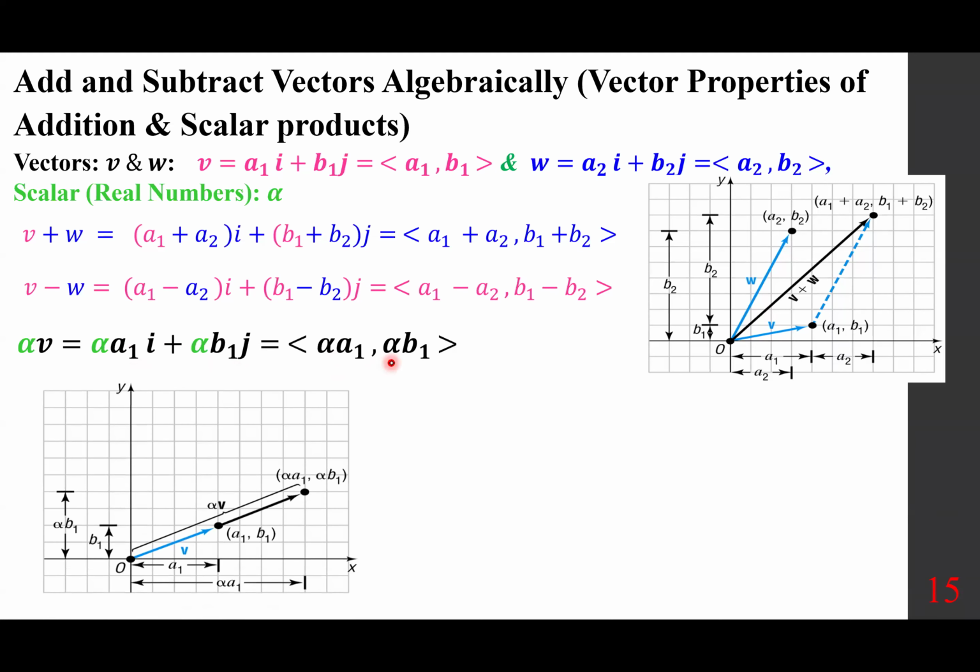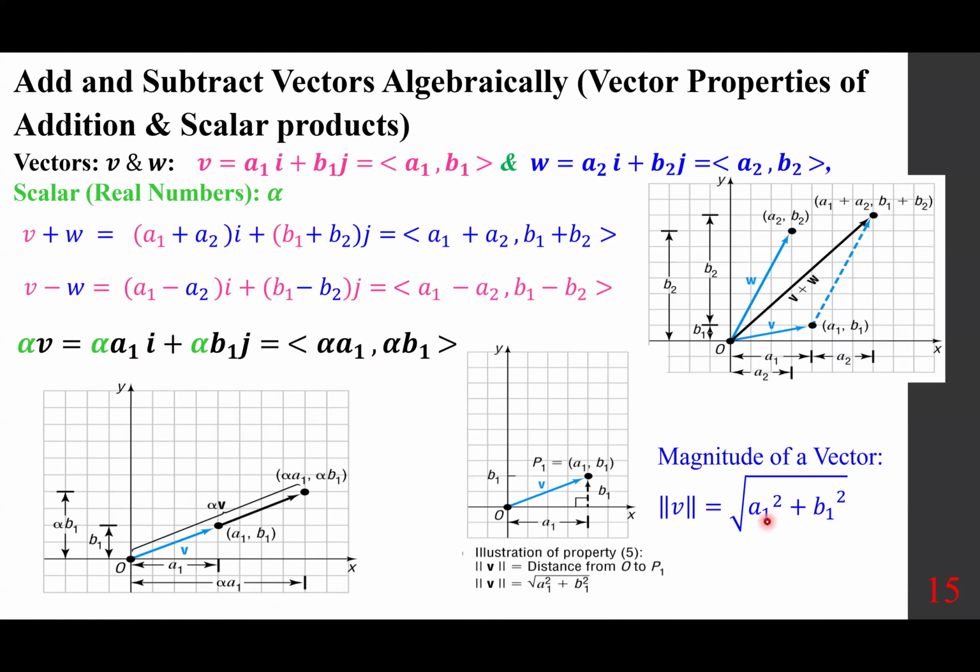Meaning, if this is V and we multiply it by a number, we extend it in the same direction by a factor of alpha. And again, reminding you of the magnitude formula, square root of A1 squared plus B1 squared. So the magnitude, this is A1, this is B1. The magnitude is the distance that O makes to the point P1.